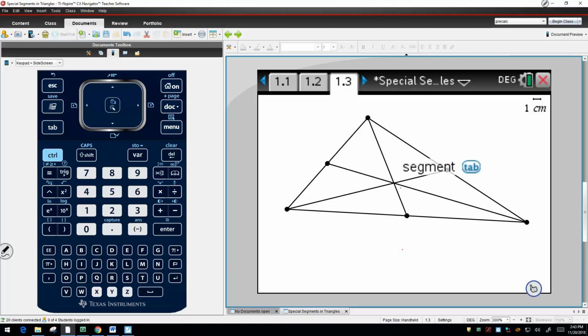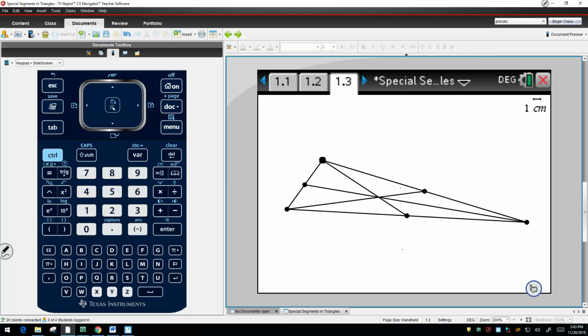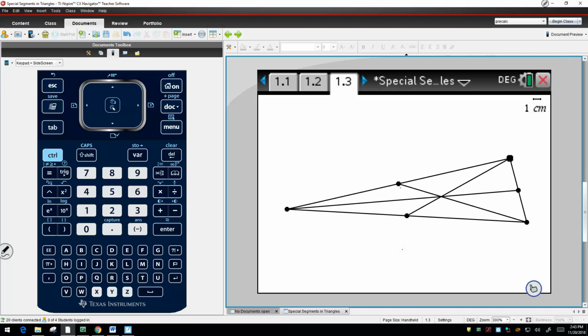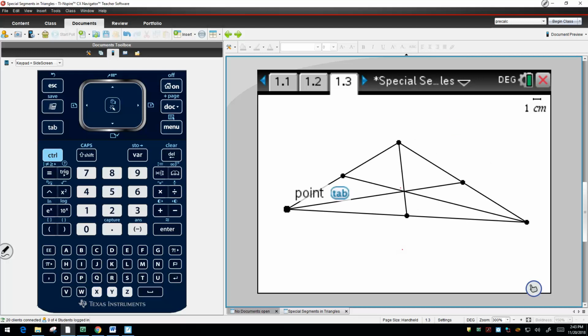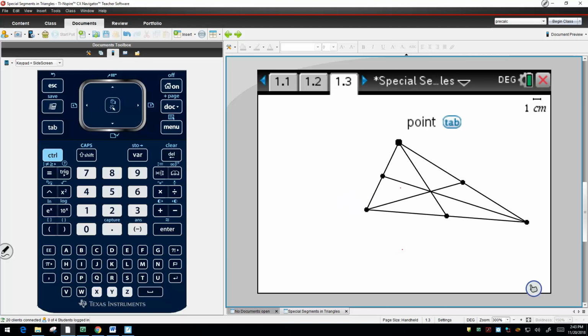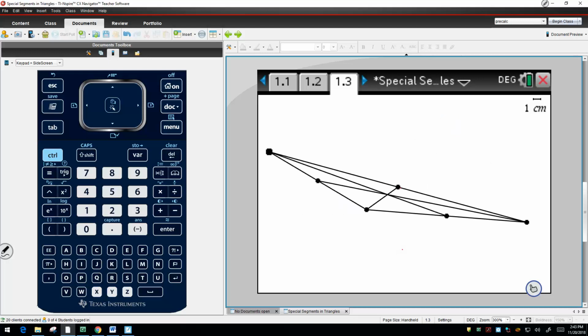This being an acute triangle, the intersection point where all 3 of those medians intersect, our centroid, is inside the triangle. If I were to move the triangle around, try to force it into a right triangle, maybe an obtuse triangle, I've never seen that point leave the triangle.